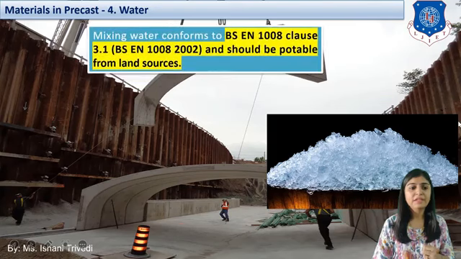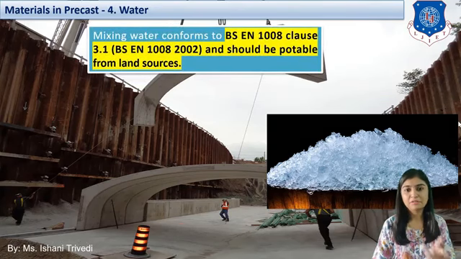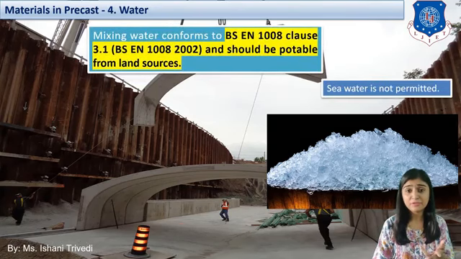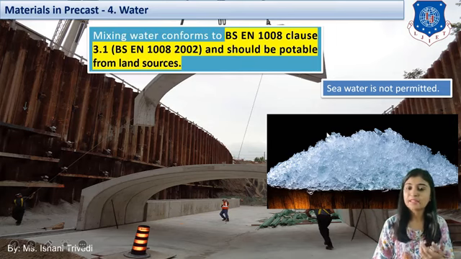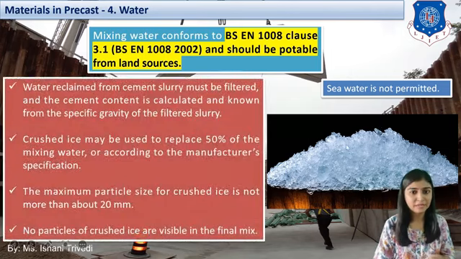Next, moving forward, we have water. Now, water, you already know which type of water is suitable: potable water. Sea water should not be used. It is never permitted because it has sulfates, chlorides and other impurities. So mixing water conforms to, once again, codes; as we have Indian standard codes, the same way they have British standard codes.